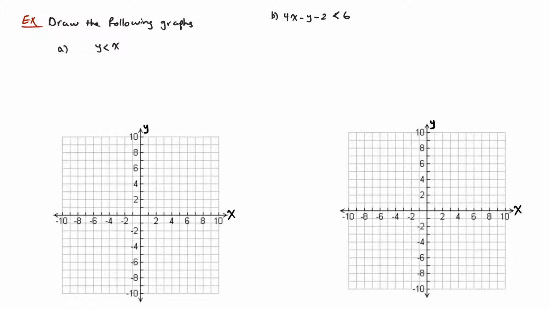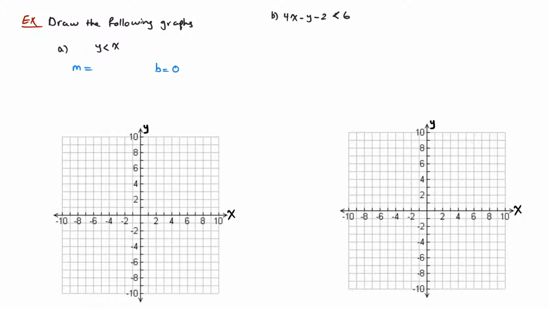All right, so for the very first one over here, we have y is smaller than x. So if y was equal to x, then we're going to indicate what our m value is and what our b value is. This is the same as saying y is smaller than 1x plus 0.